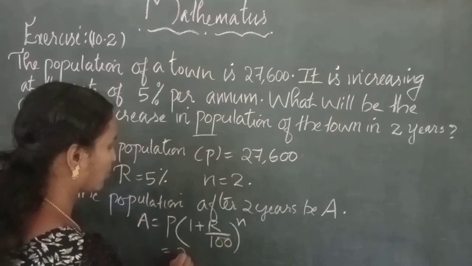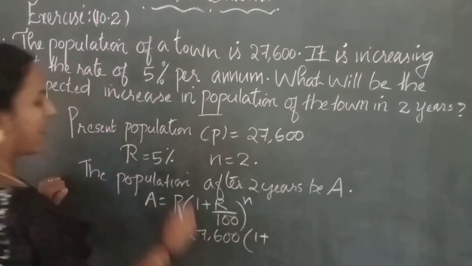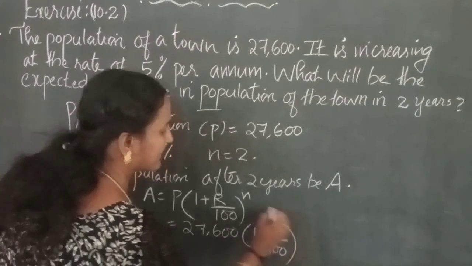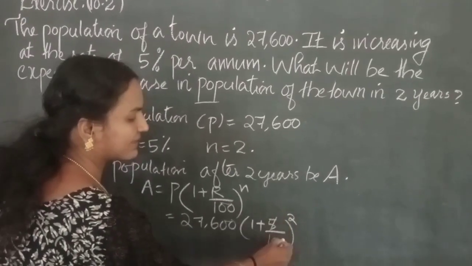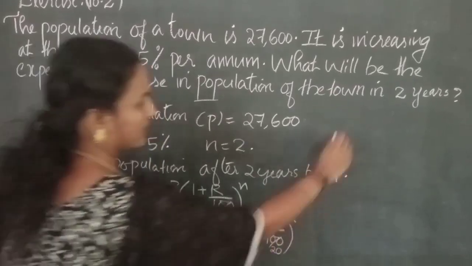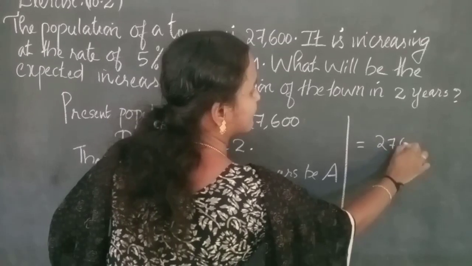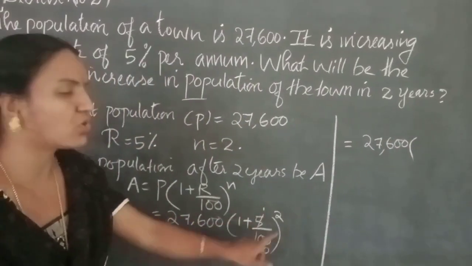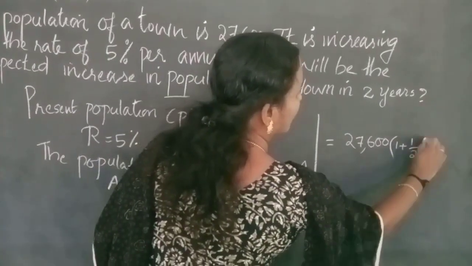So P into 27,600 into 1 plus 5 by 100 the whole power n. n means 2. Here 5 and 100 cancel. 1 5 is 5, 2 5s are 10. So it can be written as 27,600 into 1 plus 1 by 20 the whole square.